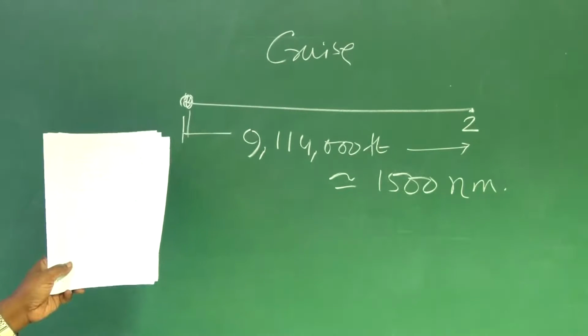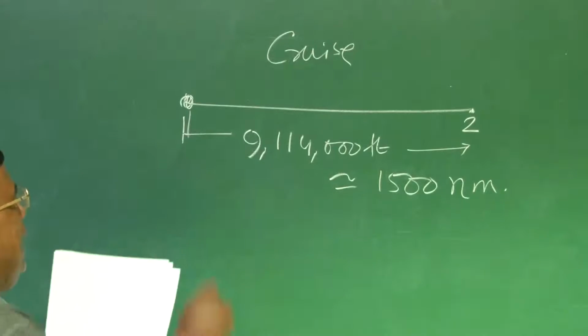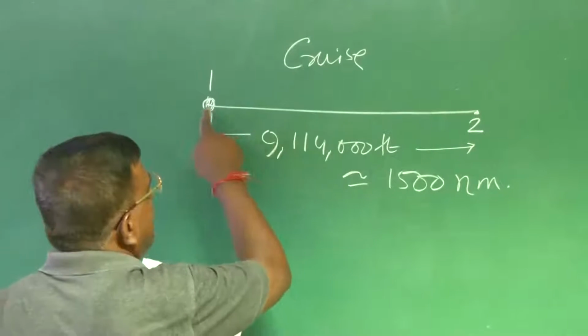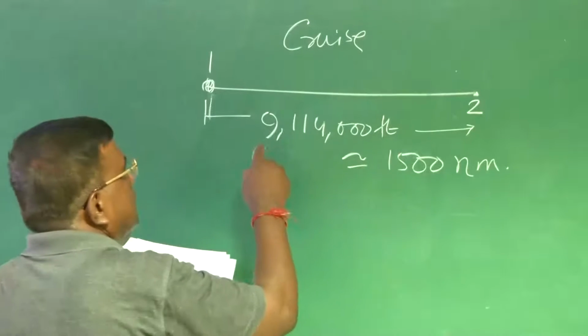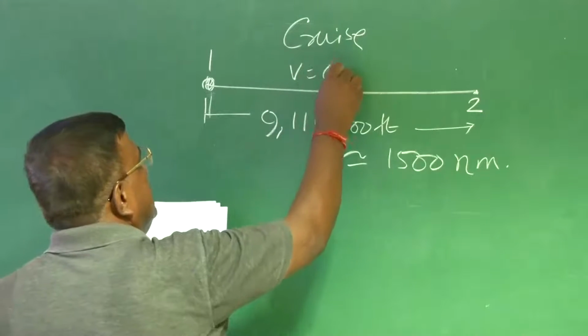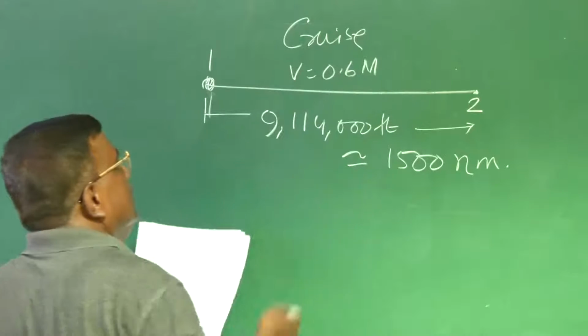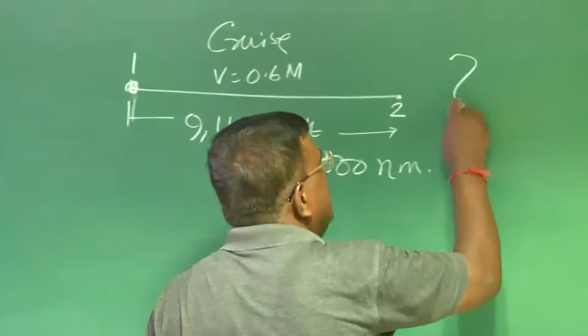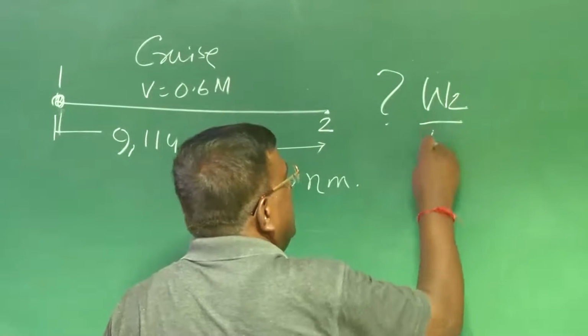Range means, in this case, we are focusing that I want to compute the fuel consumption if the airplane is cruising from point 1 to point 2 for a range of this many feet at a speed of 0.6 Mach. Okay? So what is the fuel fraction? That is, the question is what is W2 by W1.